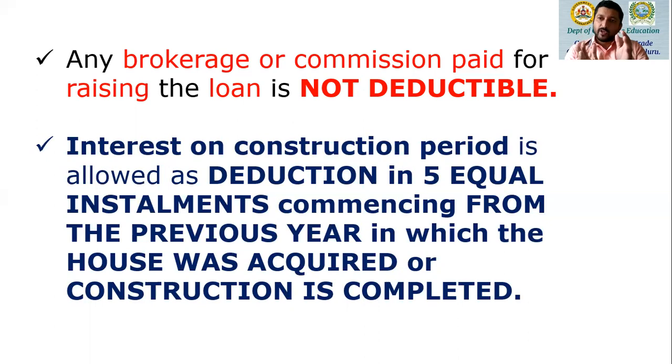But whatever interest you paid in the earlier years, maybe say 16-17, 17-18, 18-19, these years are called construction period interest years. These 3 years' interest, though you have paid it, cannot be claimed as deduction because the construction was not completed. So if in 19-20 the construction is completed, these 3 years' interest put together multiplied by 20%, meaning one-fifth of that, can be claimed as deduction from the previous year in which the construction is completed.